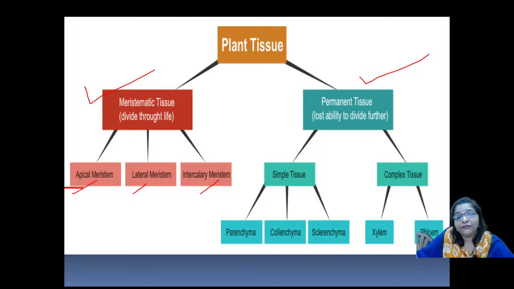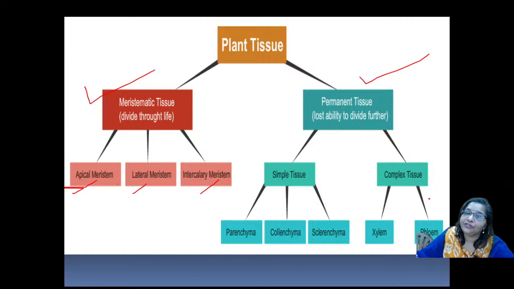The phloem are actually food conducting tissues. They transport food from the leaves to other parts of the plant. Not only that, the movement of food materials like sugars and amino acids takes place to and fro throughout the phloem.